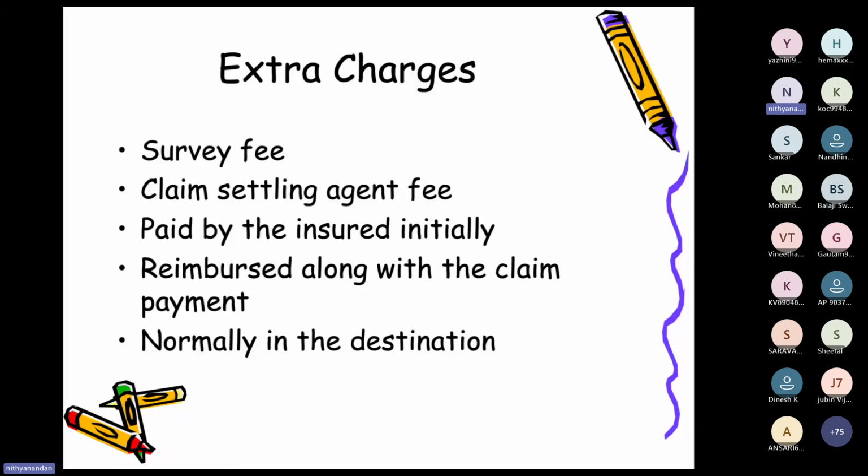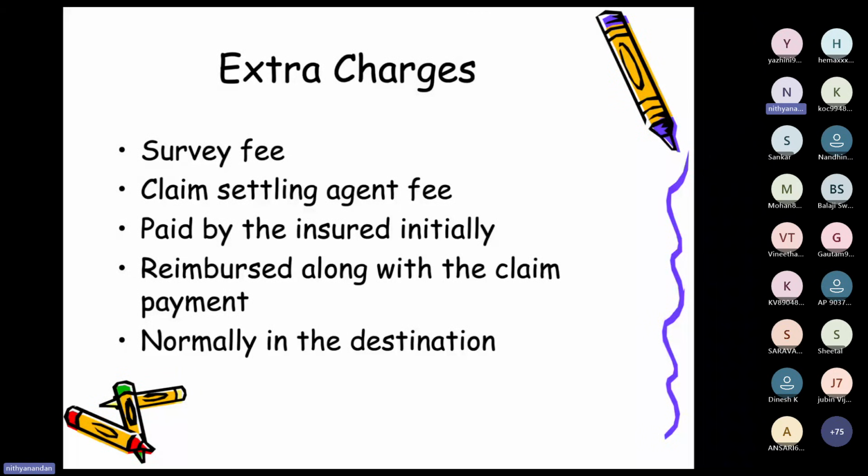But suppose the surveyor and claim settling agent are appointed by the insured and he is paying the fees initially, then he will not get them if the claim is rejected. If the claim is payable, everything is payable. If the claim is rejected, everything is rejected, right? So this is extra charges.